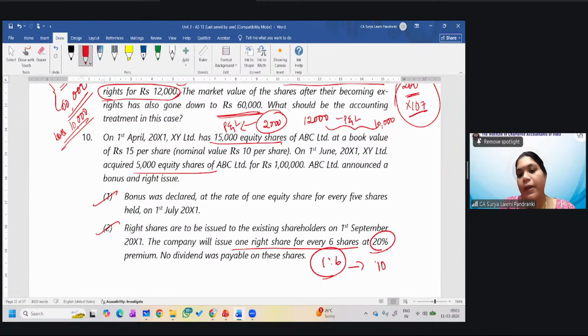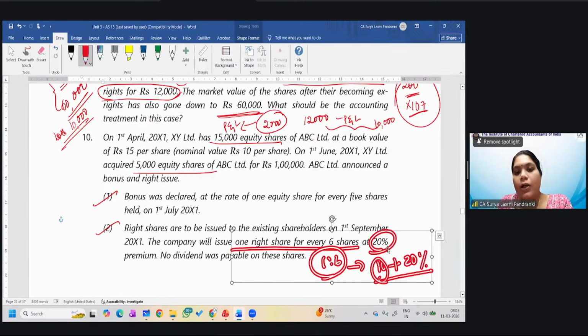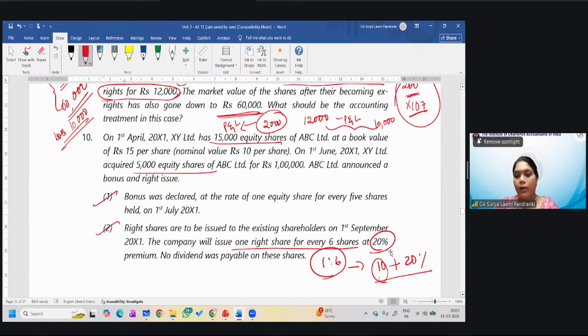When they tell 20% premium, it means on nominal value. Ma'am, the nominal value is 10. Okay, so it will be applied on the face value? Yeah, that will not change. When something is at premium or discount, it will be on nominal value only. We did it now in the last question. We took 10 and we added 5% premium there in the last question. Okay, fine.